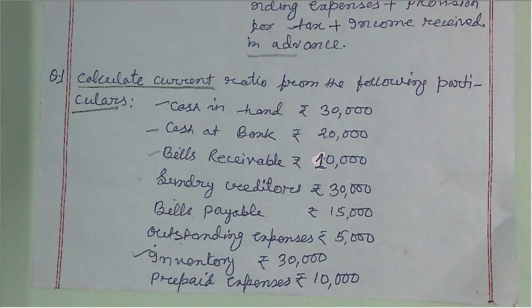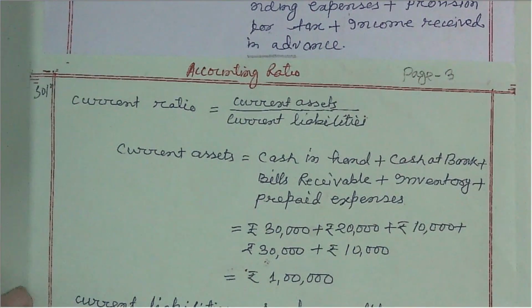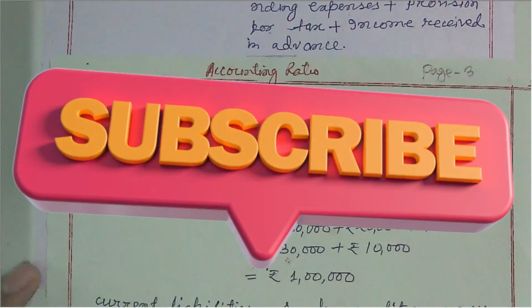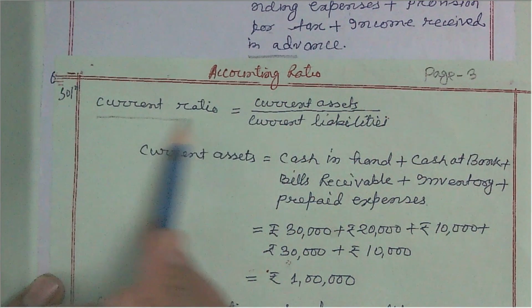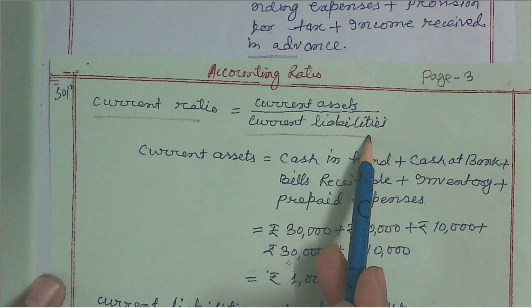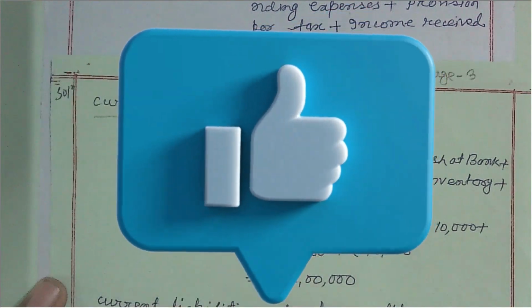So now here the solution. See the solution, how it is prepared. This is the current ratio formula: current assets divided by current liabilities. Then the current assets given in the question.